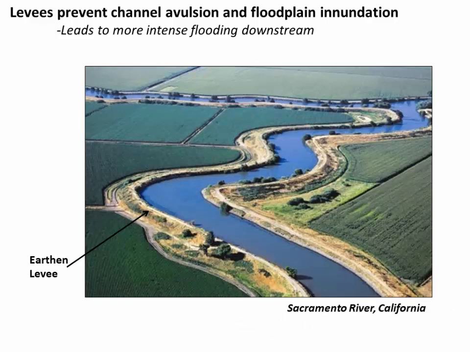So although this can be helpful to prevent meander migration and meander cutoff, of course it's also very damaging because it cuts floodplains off from their rivers. And we've learned in previous videos that these floodplains act as important storage reservoirs for floodwaters. So if you cut them off with a levee, those floodwaters go directly downstream, where they might make flooding more intense downstream. So levees can prevent avulsion, but they lead to more intense flooding downstream.